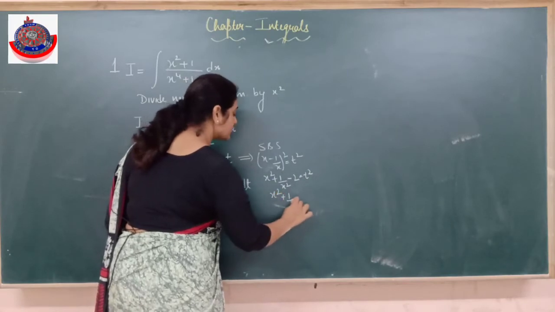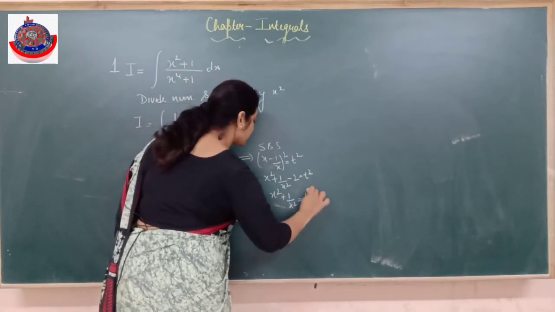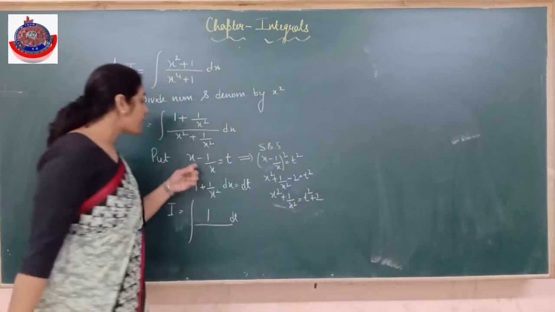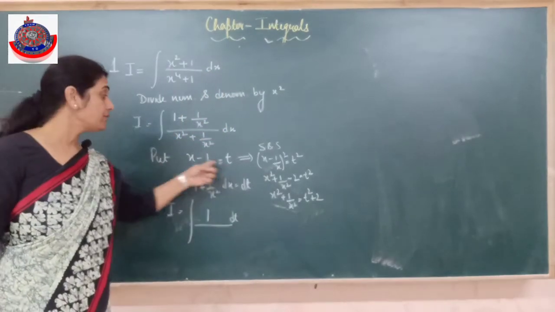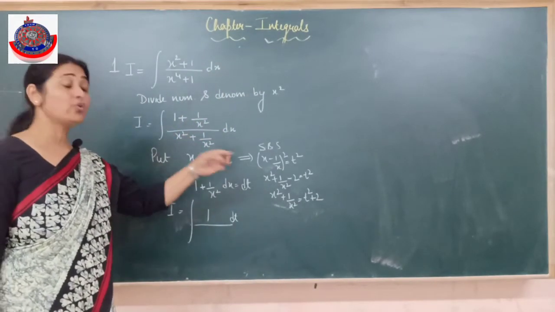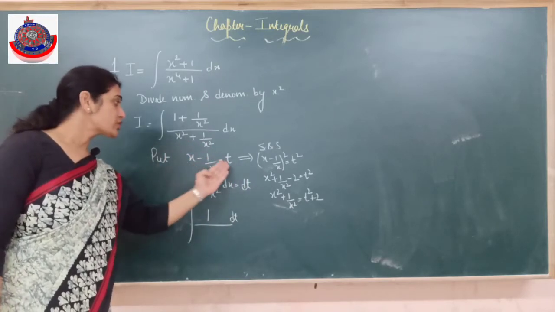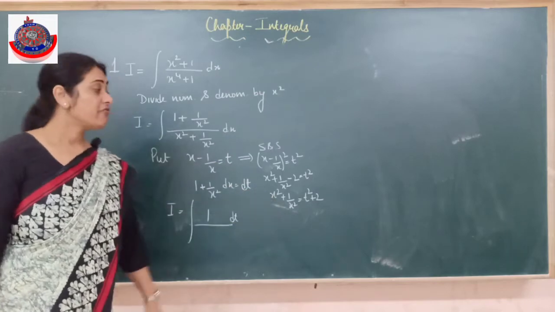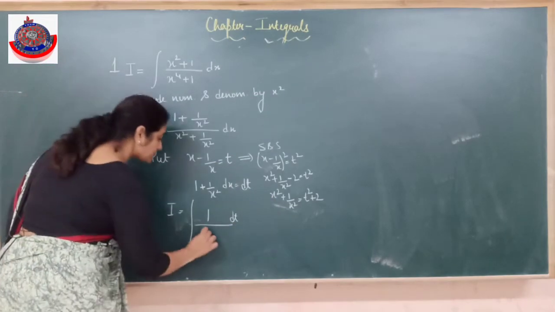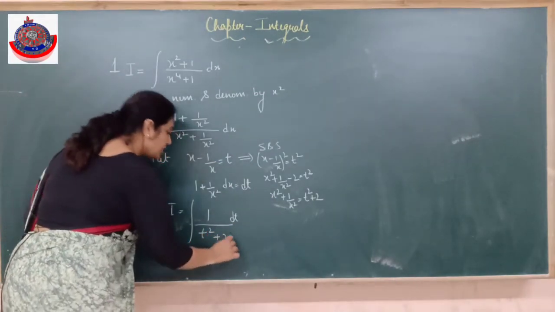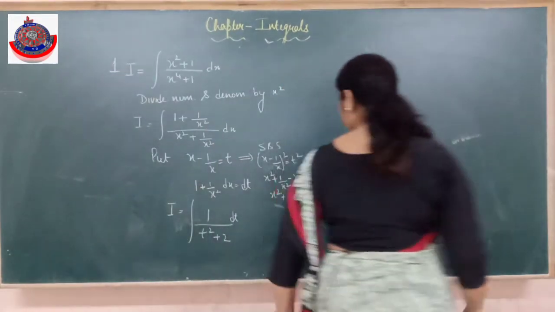Always, whatever is in the denominator, if you have to find out that value, it will be found by squaring both sides. Always it will be of this form. Clear? So you will square both sides and you will get the value. So I will get t square plus 2.